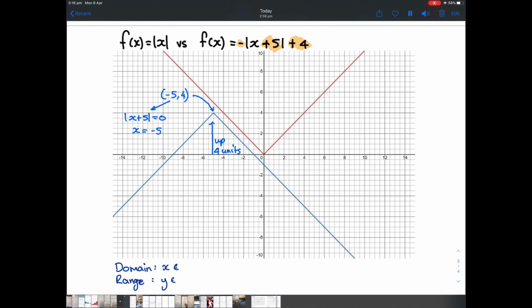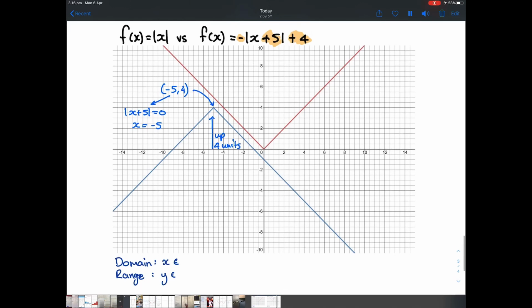So the plus 5 inside the absolute value moves the graph to the left 5 units, the plus 4 on the outside moves it up 4 units, and the negative on the outside of the absolute value makes both arms point down. So its domain is negative infinity to positive infinity, and its range is negative infinity up to and including 4.